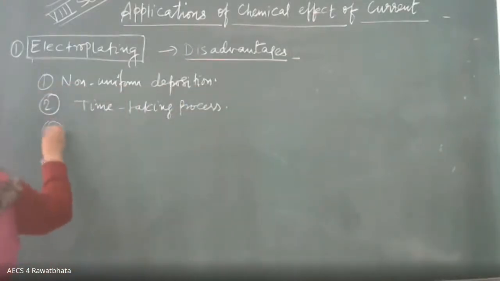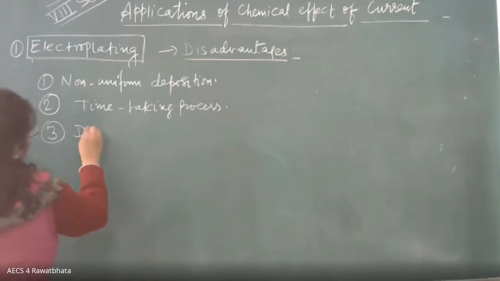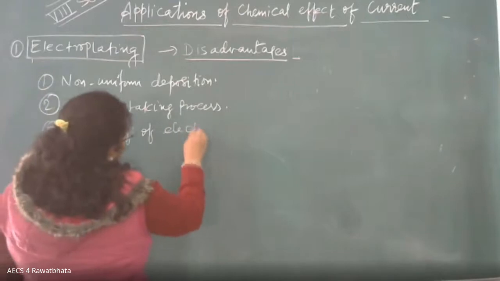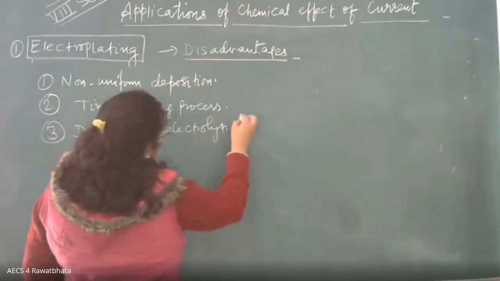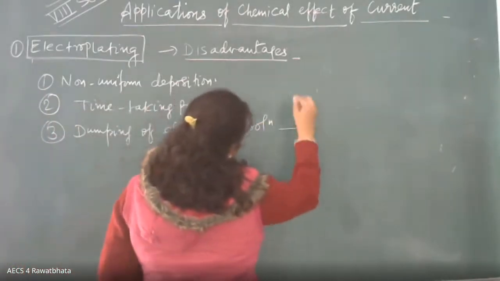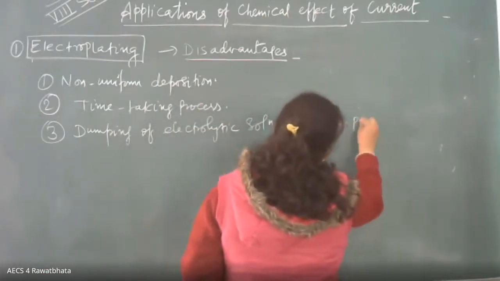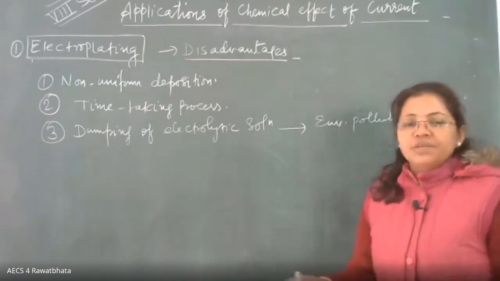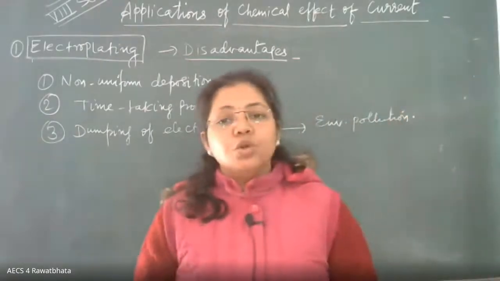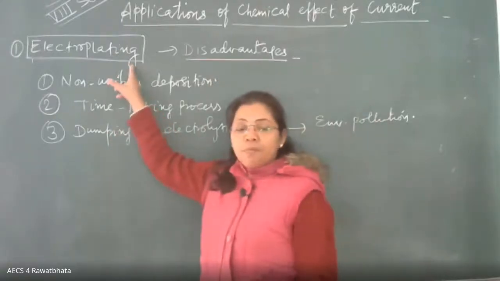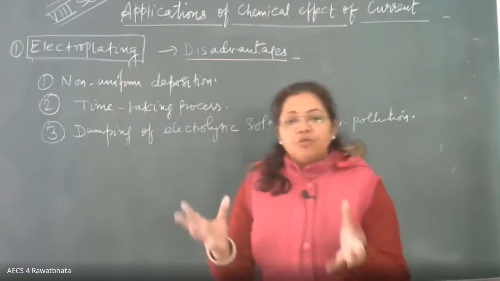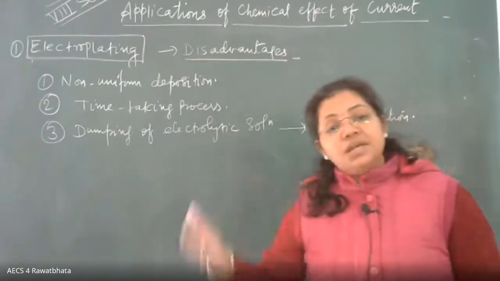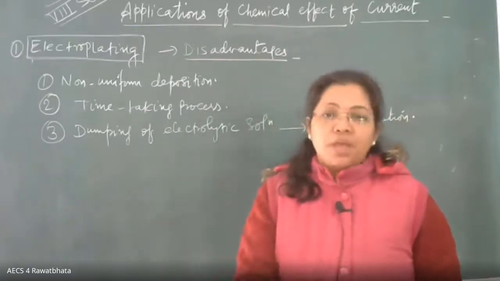And another one is dumping of this electrolytic solution. It causes environmental pollution. Generally I told you that while performing electroplating, as electrolyte we have to use the solution of the salt of the concerned metal whose layer we want to make, right?